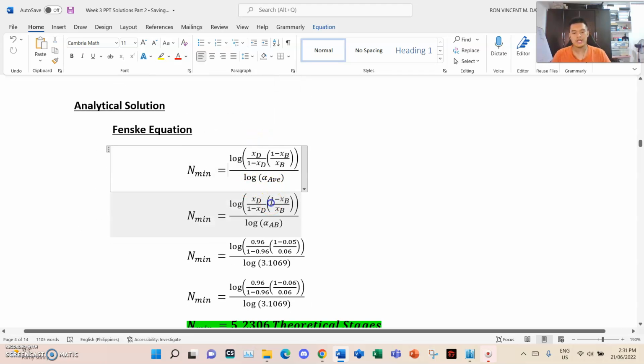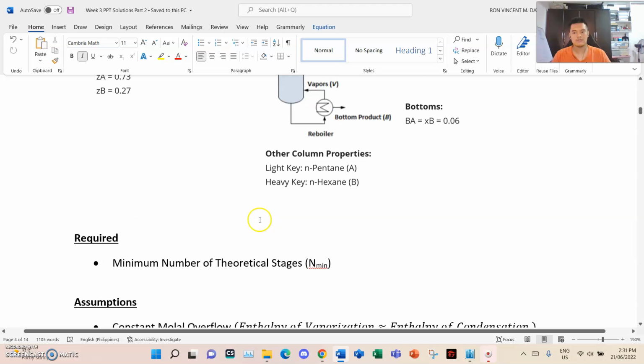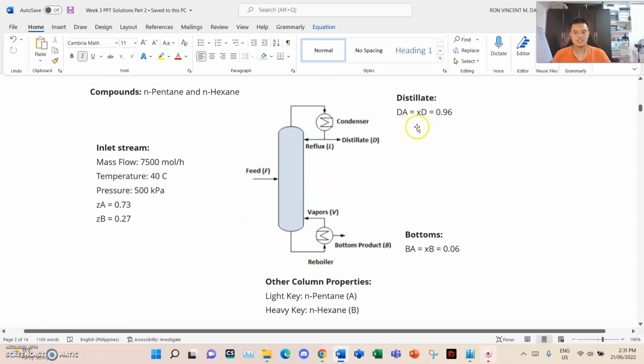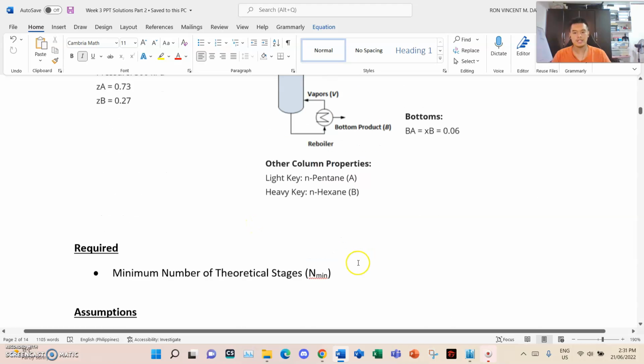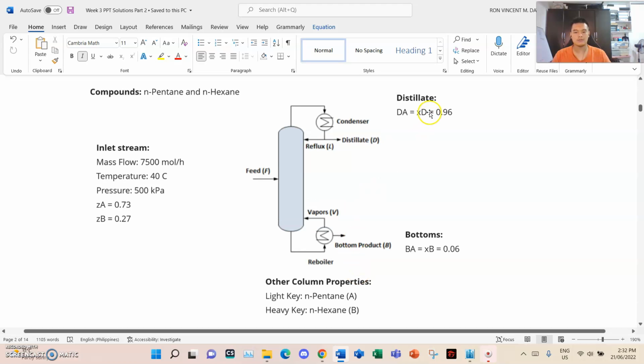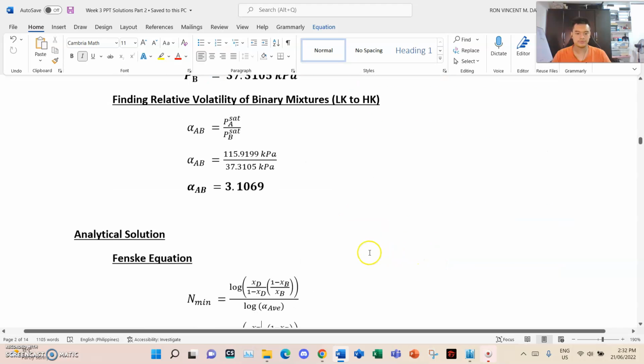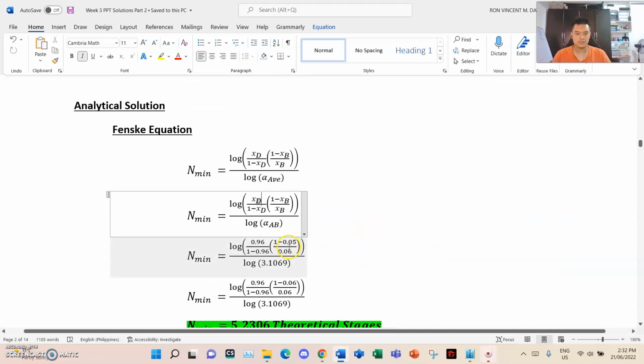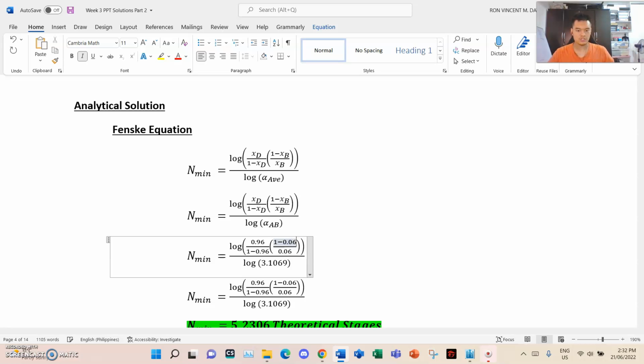So, substituting everything, the mole fraction of pentane at the distillate is 0.96, and at the bottoms it is 0.06. Apologies, let me recalculate it live.